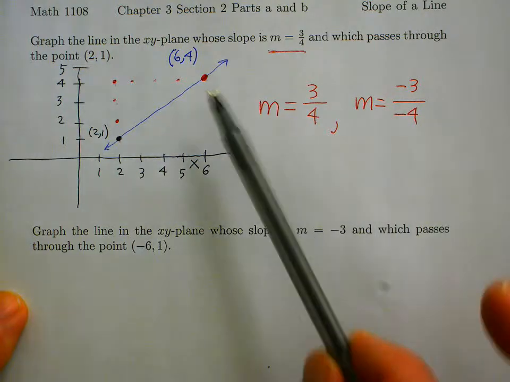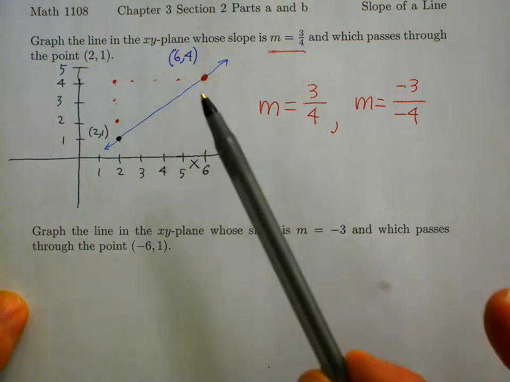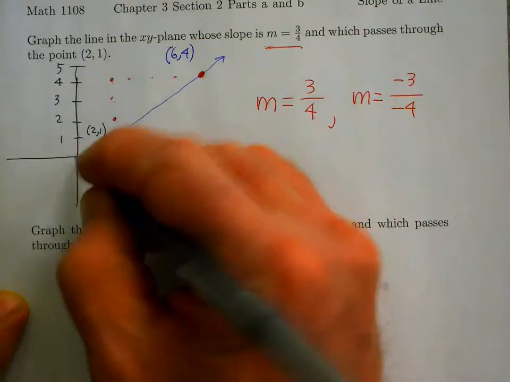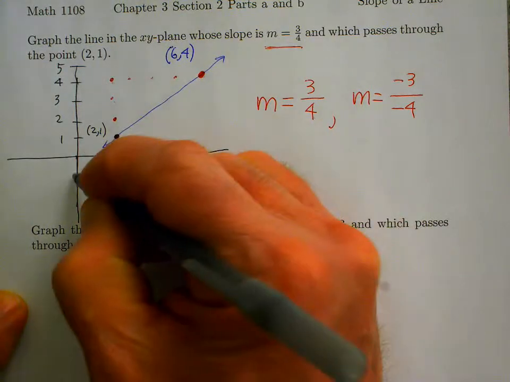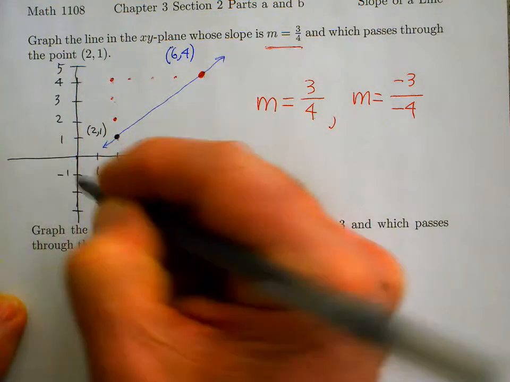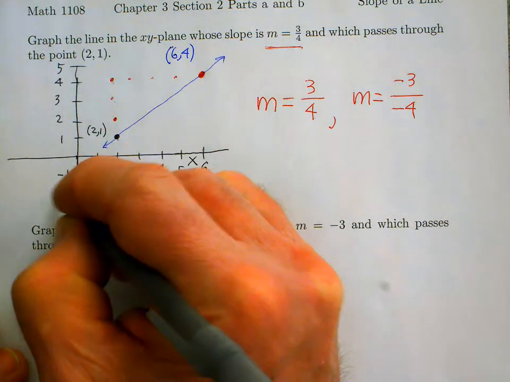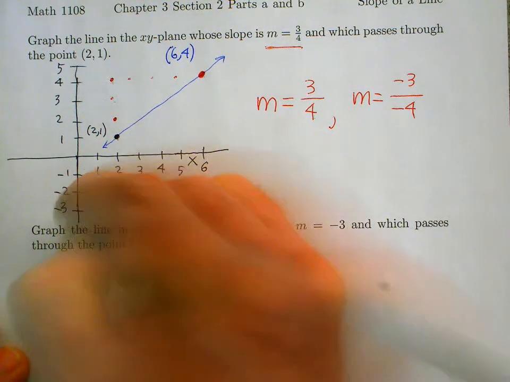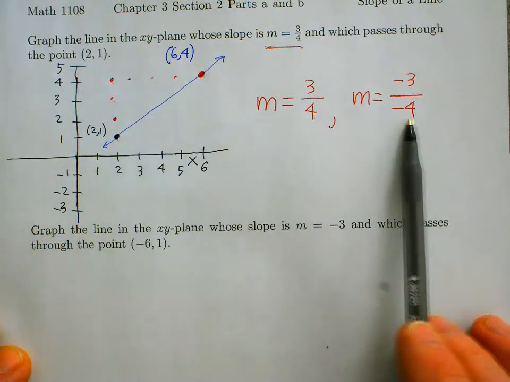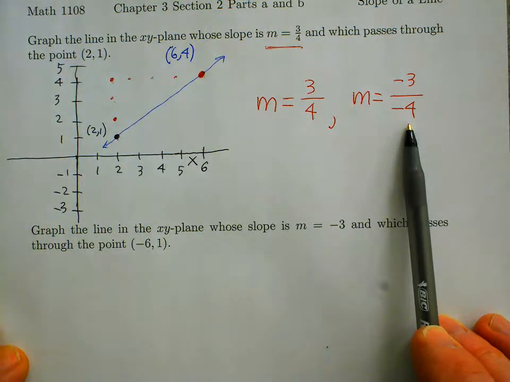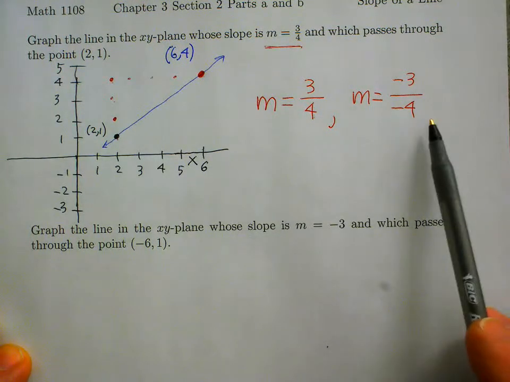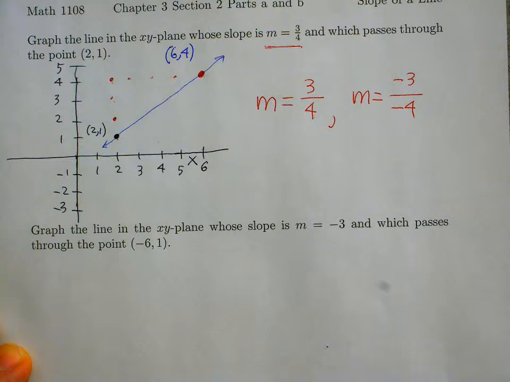Okay, if I don't want to plot the point (6, 4), I can go in the other direction. So let's label these on the negative y-axis, -1, -2, -3. From the point (2, 1), if I want to think of the slope as having a rise of -3 and a run of -4, I can do that.